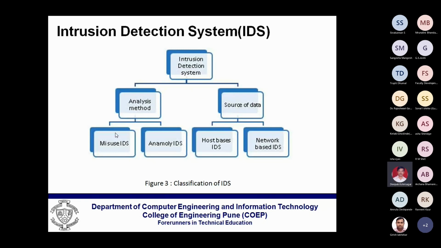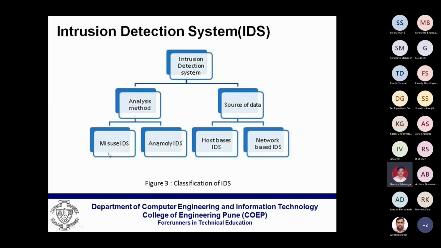The communication happens through packetizing: whatever your data is, it is split up into packets, and these packets are communicated over the internet. Hackers insert their own vulnerability inside that packet.